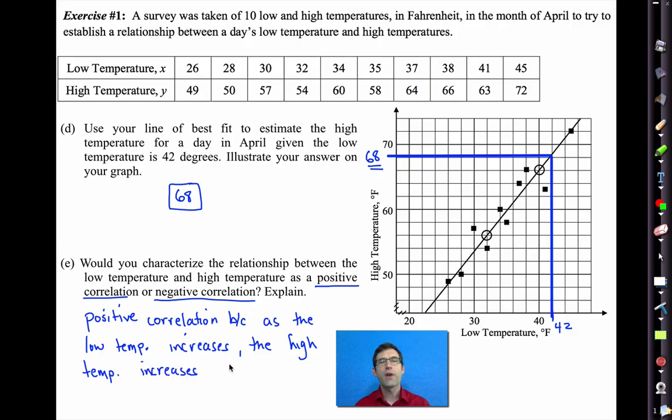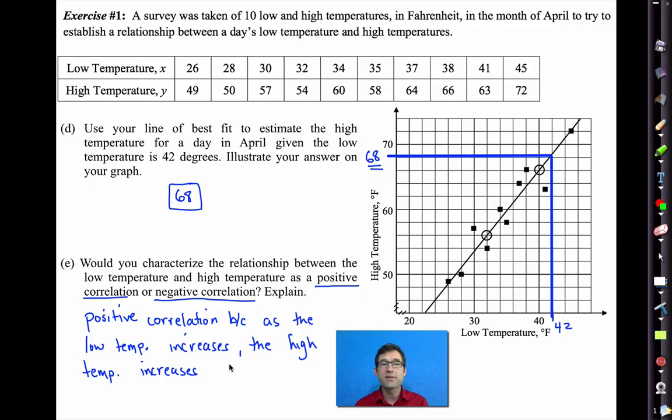All right, so variables can either be positively correlated, which basically means they move in the same direction. As one of them gets larger, the other one gets larger. Or there can be a negative correlation, meaning as one variable gets larger, the other one gets smaller.